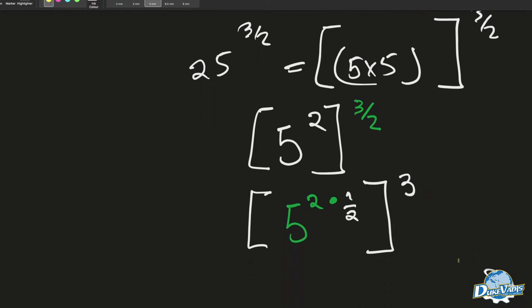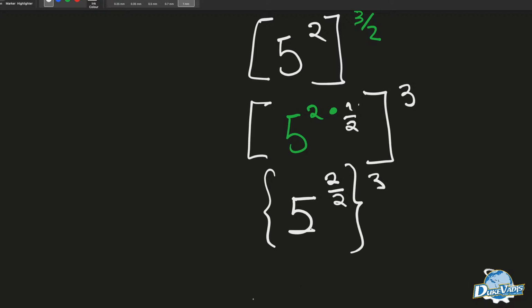Because of what we have been able to achieve, we can say for sure that this is going to be 5, and the 2 is multiplying half, so that's going to be 2 over 2. We still have our 3 out.